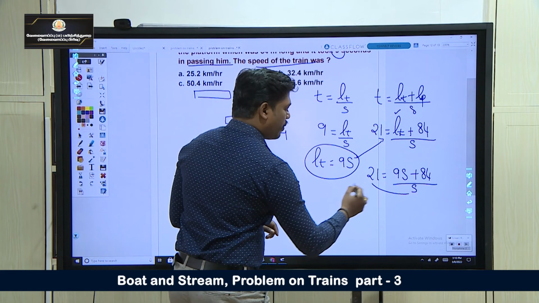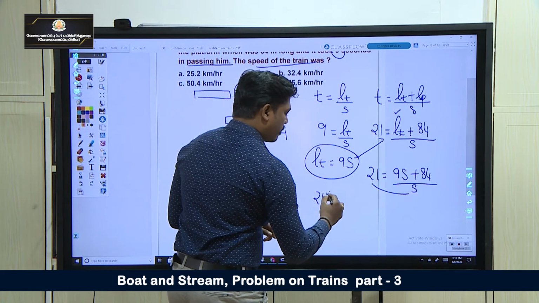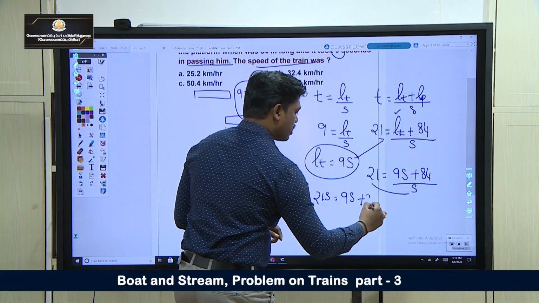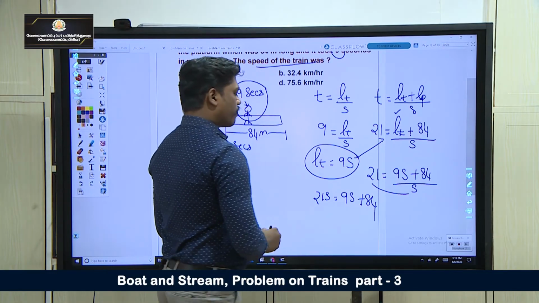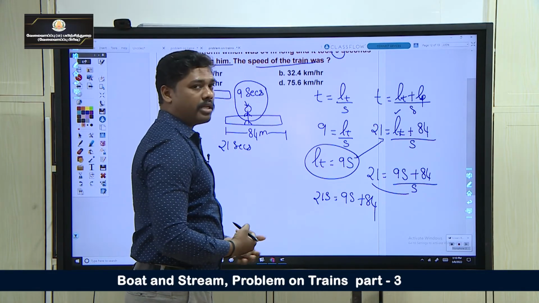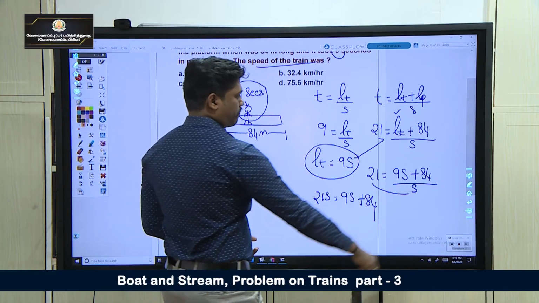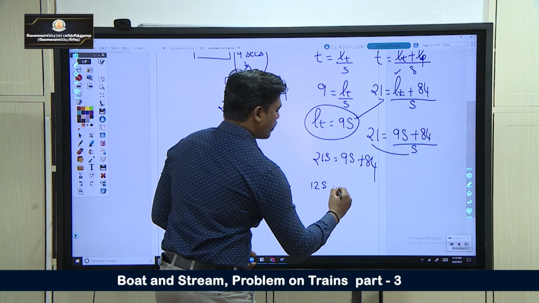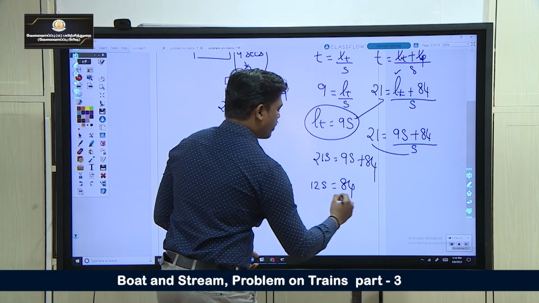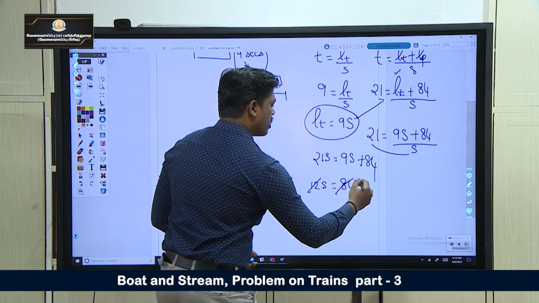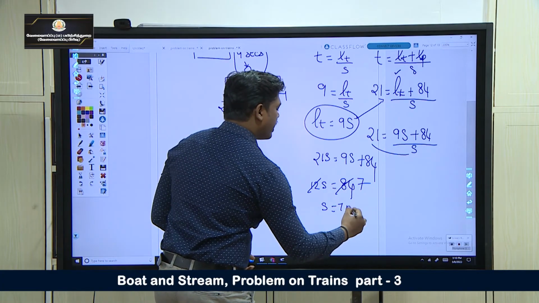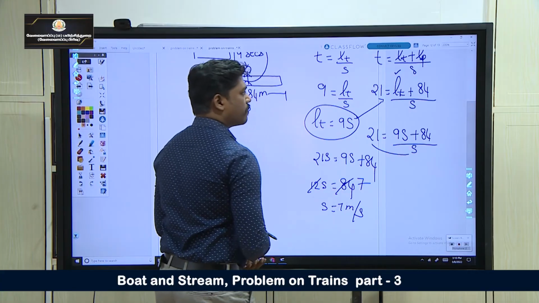So 21 into s, you will get 21s is equal to 9s plus 84. 21 minus 9 is 12, so 12s is equal to 84. 12 sevens are 84. So speed is 7 meters per second.